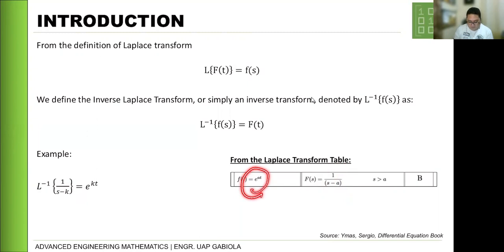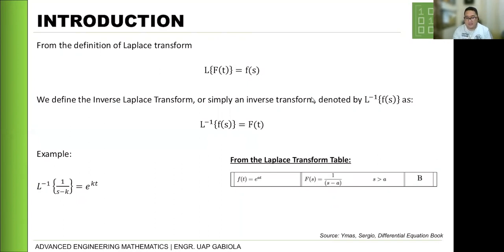Since our a is equal to k, the original function is actually e raised to kt. The solution is kind of straightforward, because what is important is your familiarity with the equation from the table last time, and following the form of the transform equation so that we can easily convert it back to its original form.